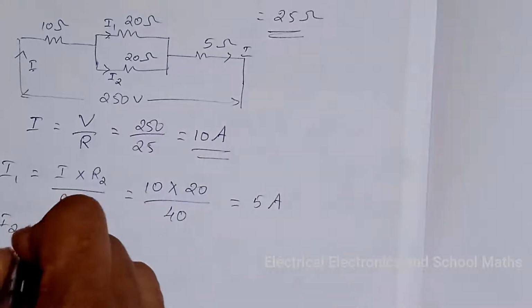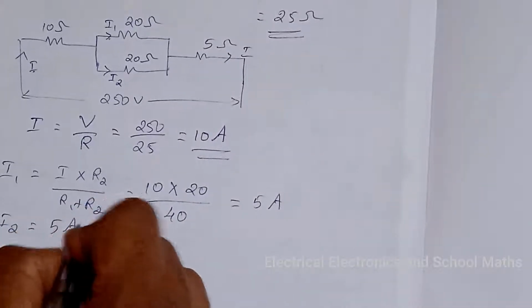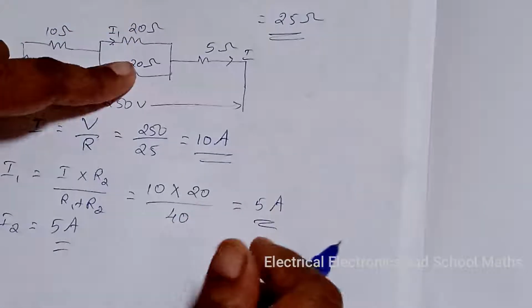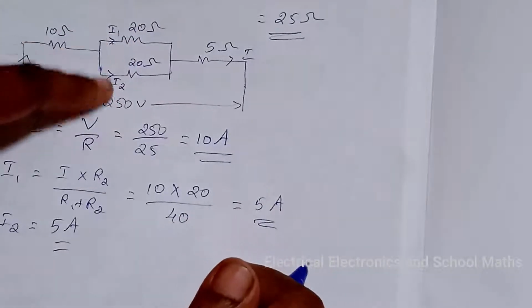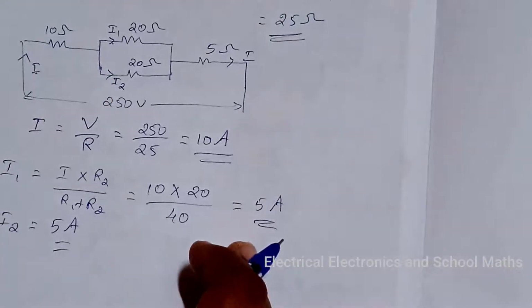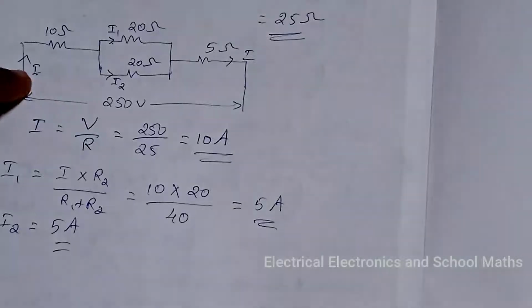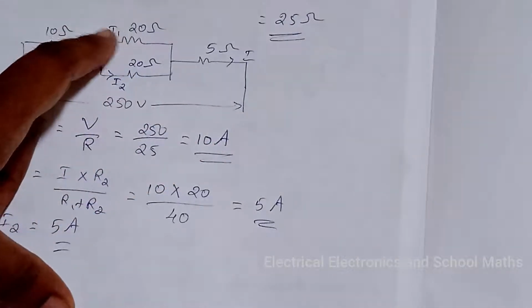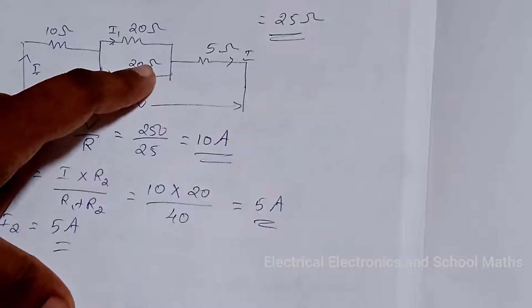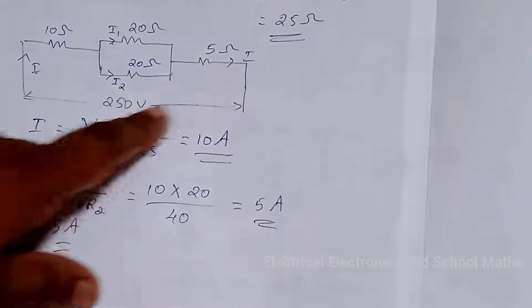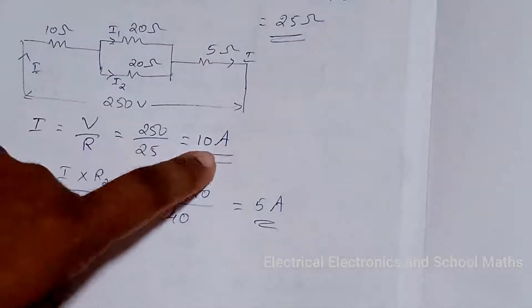I2 is also equal to 5 ampere because the resistances of the two parallel branches are the same. So I1 and I2 will be equal. So the current through the 10 ohm is 10 ampere, through each 20 ohm resistance is 5 ampere, and through the 5 ohm resistance is the total current, 10 ampere.